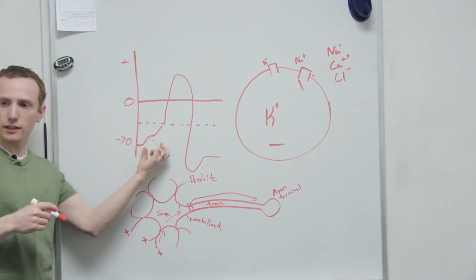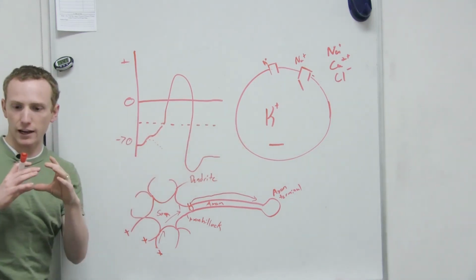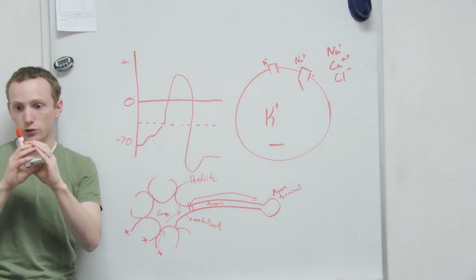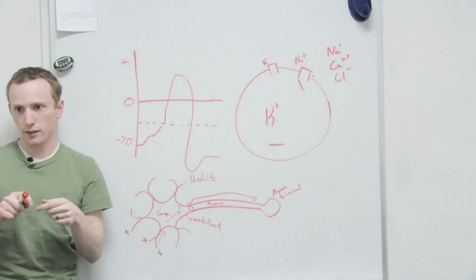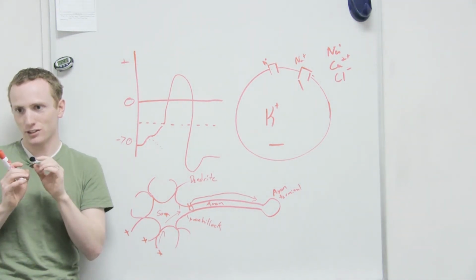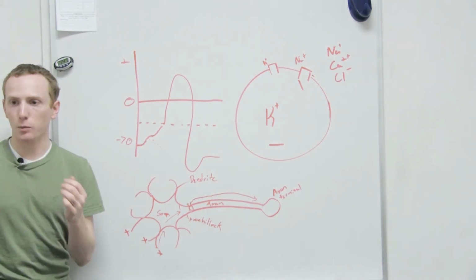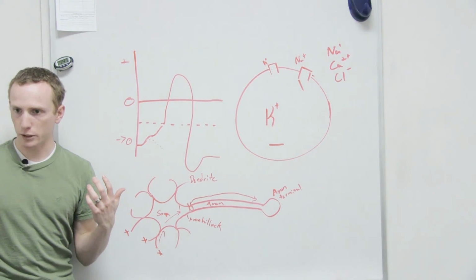So at this point, looking at your cell, you have hundreds upon hundreds of little sodium channels all around it. It's jam-packed full of different proteins and stuff. At a lower level, a couple of the sodium channels are opening.